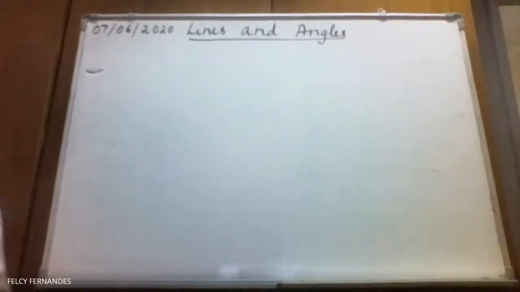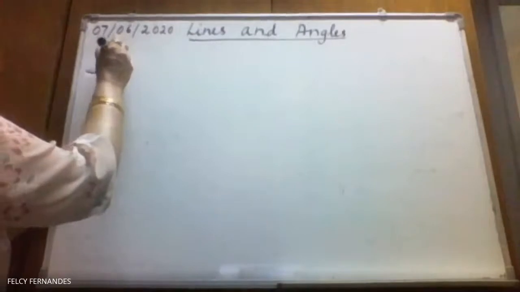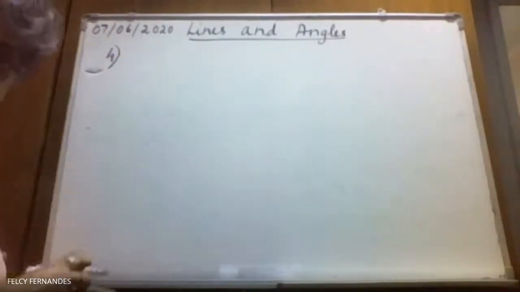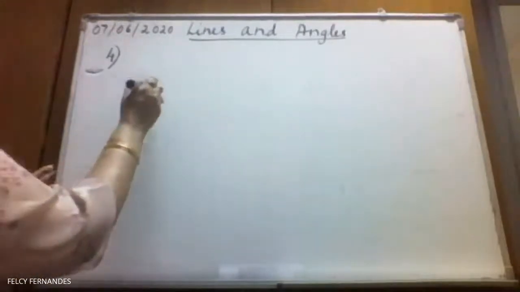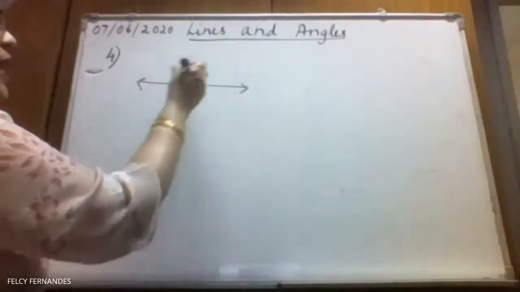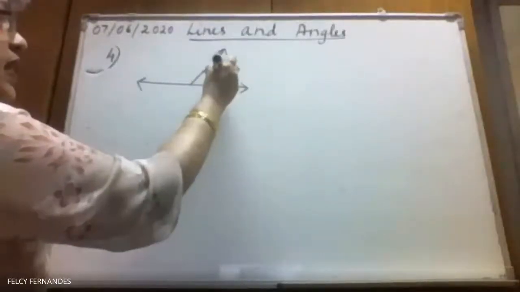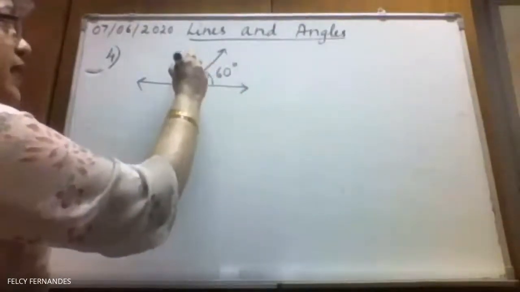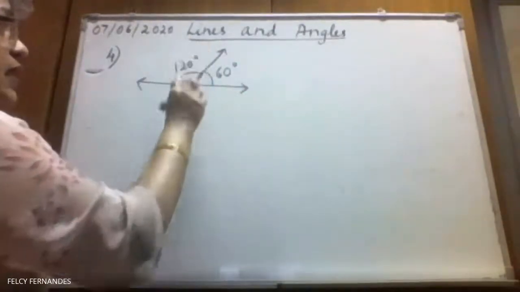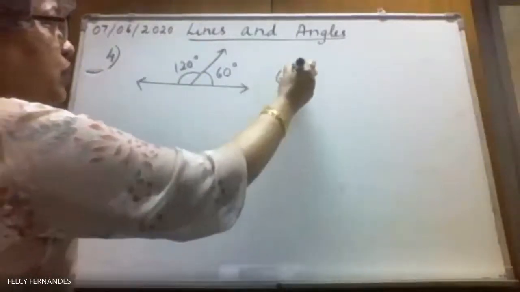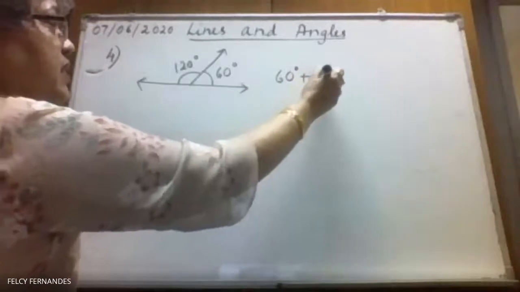Now we go to the fourth pair. Please don't write, just listen. If I take two angles in one line, like this, and I take this as 60 degrees and this as 120 degrees, then the sum in that line is equal to 180 degrees.